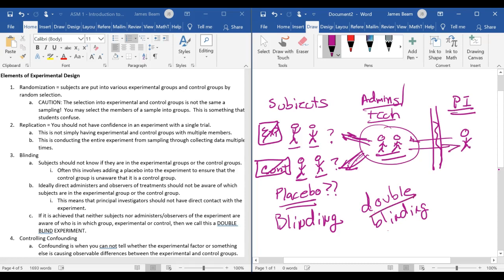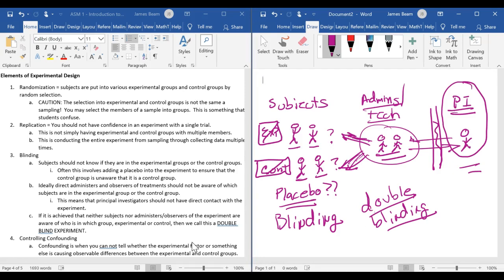So if I have a double blind experiment, the only person who knows everything that's going on is the principal investigator, which is the person who's going to write the report at the end. So if we have that structure, we're in a really good place. It's not always easy to do a double blind experiment, but it is one that is fairly useful. Okay.